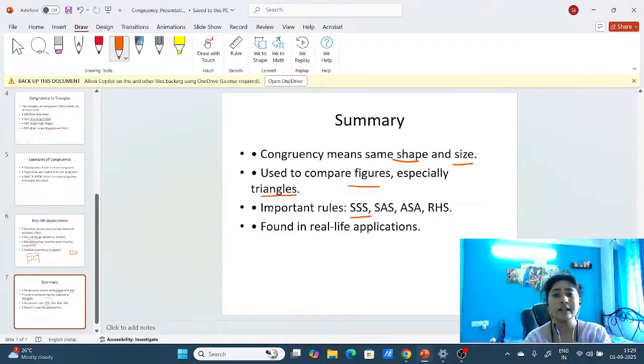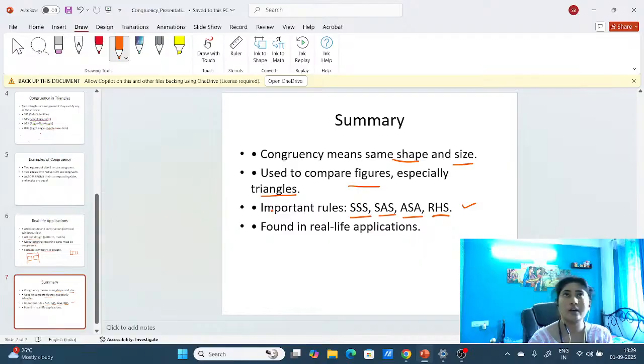SSS, SAS, ASA, and RHS. So do you think rules other than these exist? If you think so, just try to find out and let me know in the comment section below. And if it exists, then we will discuss it in our next lecture. Just try to find out.